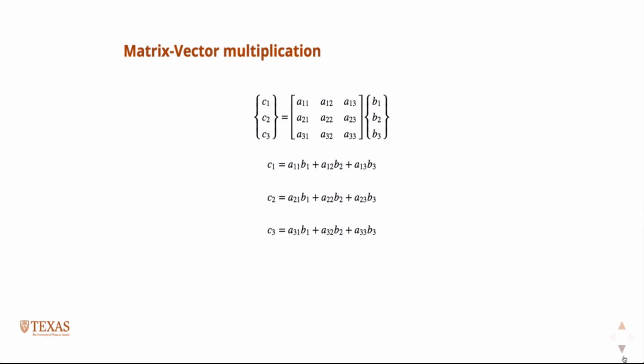Everybody okay? Matrix vector dot product. I figured you probably know that. So in words, Ci, with i being the ith component of the C vector, is the dot product of the ith row of A with B.